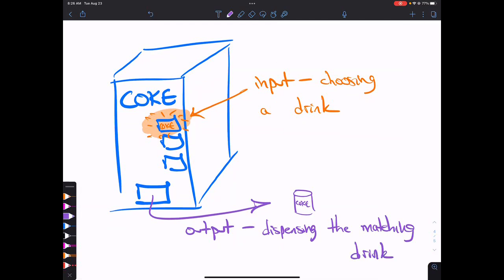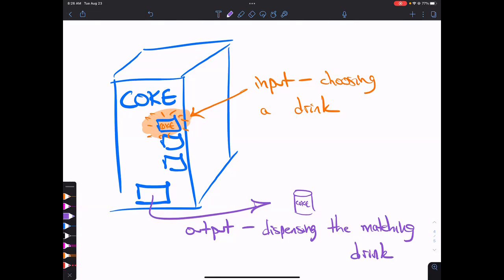That part's important. How can this go wrong? You get the wrong drink, you don't get anything at all, or it starts dropping an entire 30-pack of Cokes at you. That maybe wouldn't upset you much, but it's still not working the way it should.